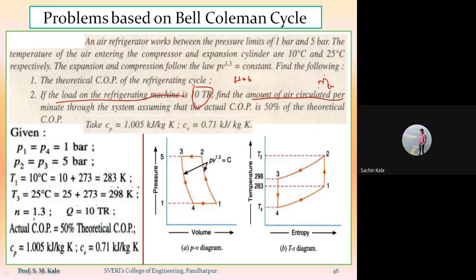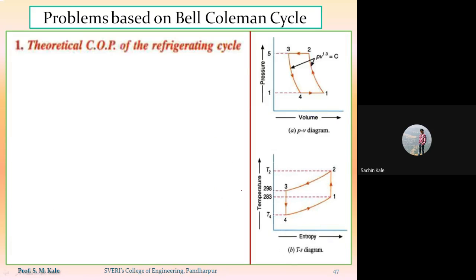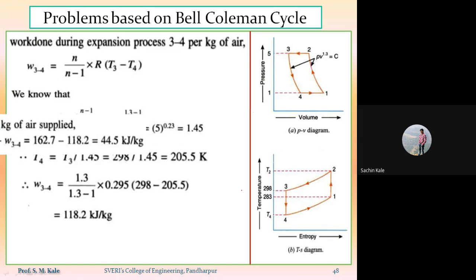So we have to calculate the mass flow rate through the system, assuming that the actual COP is 50% of the theoretical COP. Now, as we have calculated the theoretical COP, what is the value of the theoretical COP?